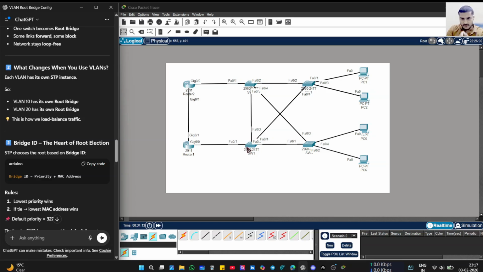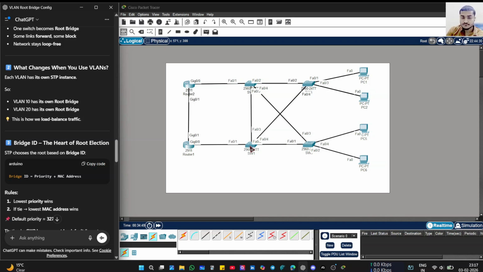Switch 1 will be the primary root bridge for VLAN 10 and the secondary root bridge for VLAN 20. Remember that, I'm telling you again: switch 1 acts as the primary root bridge for VLAN 10 and the secondary root bridge for VLAN 20.